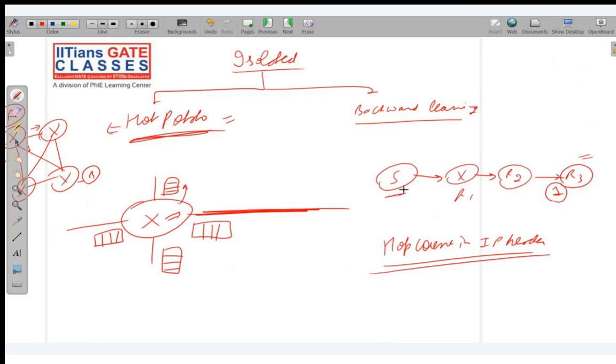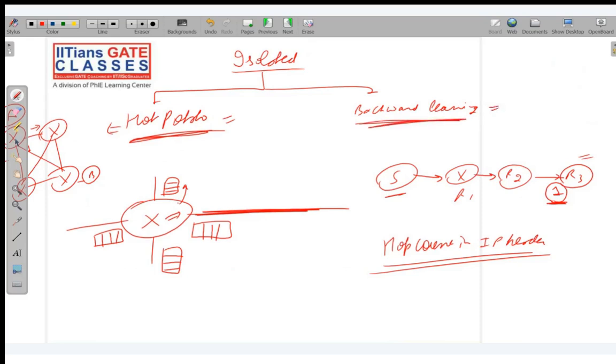The source can be any IP address, any computer which has sent the packet. R3 will keep that entry: S is connected to me with port number 1 and the number of hops in between is 2. This is known as backward learning.